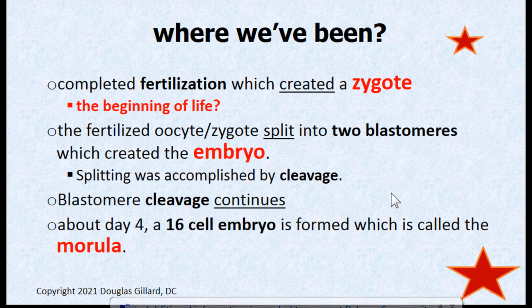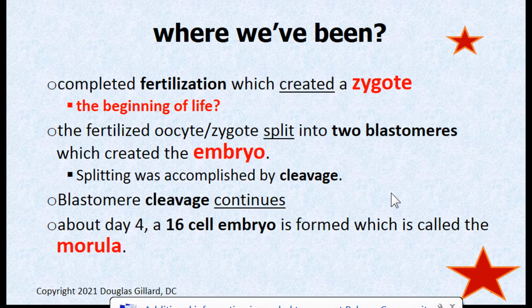All right, so where have we been? We completed fertilization. We created a zygote. That's kind of the definition. The beginning of life is after the zygote has been created. Then we split our one-celled zygote into a two-celled embryo. Remember, there has to be two cells for the word embryo.